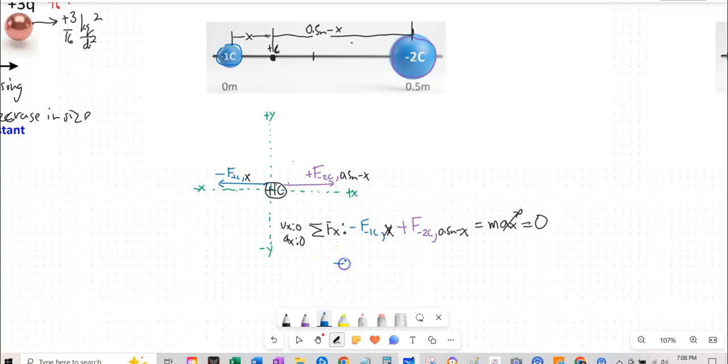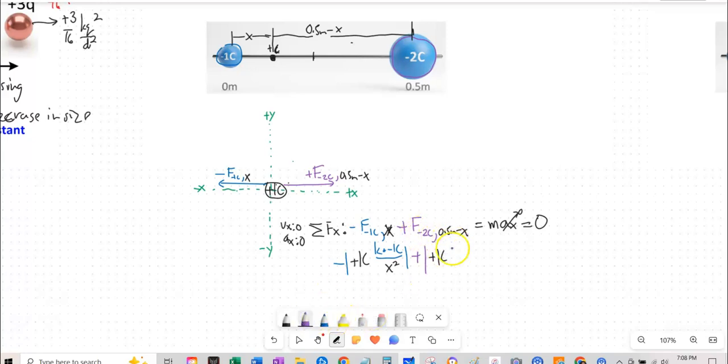Now let's construct our Coulomb equation. So the negative comes down first. We're doing a force diagram on our positive 1 Coulomb charge. The electric field due to the negative 1 Coulomb charge is right here. It's all right there over a distance x squared. Now the purple negative 2 Coulomb charge is acting on our positive 1 Coulomb charge.